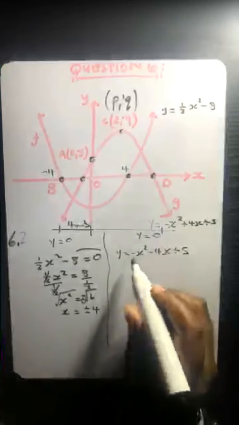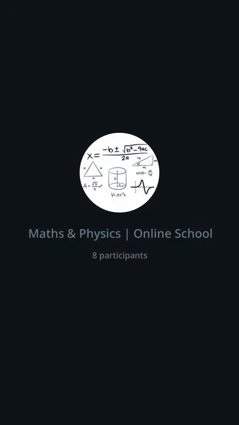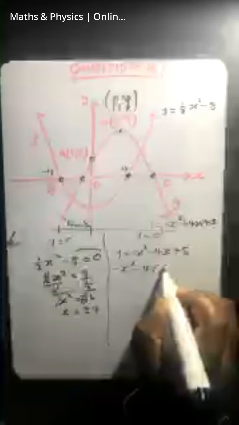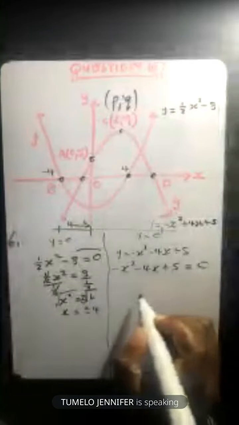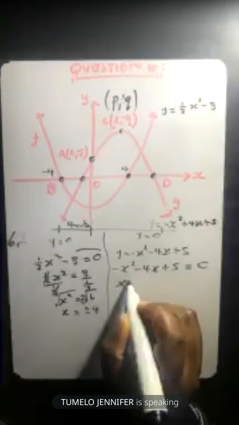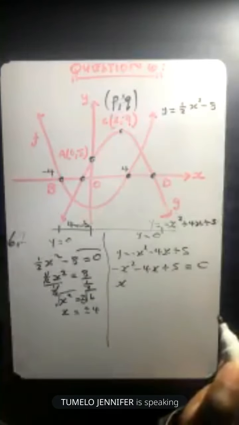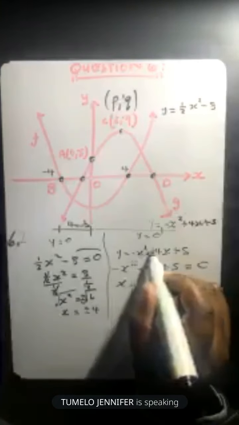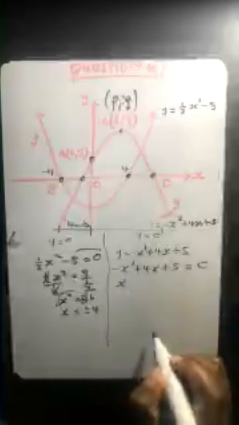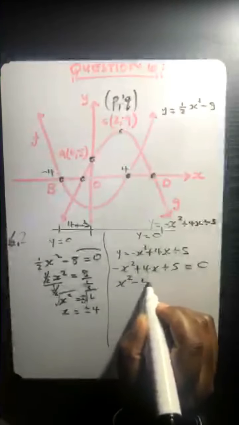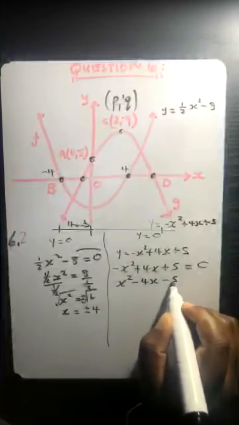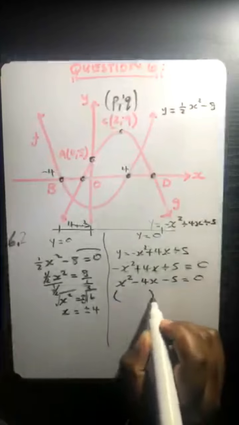We are saying negative x squared minus 4x plus 5 is equal to 0. Then we change the sign of every term. It's positive 4. Oh, it's positive 4. Then here we end up having x squared minus 4x minus 5 equal to 0.